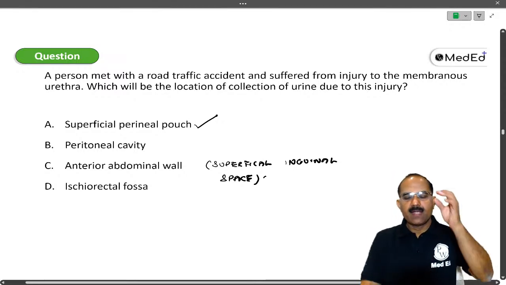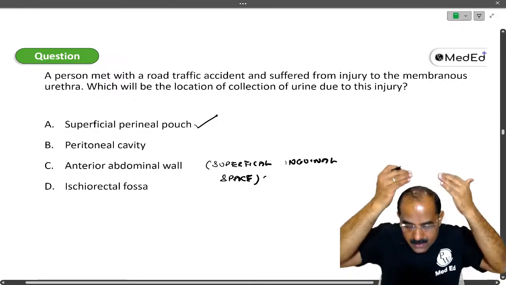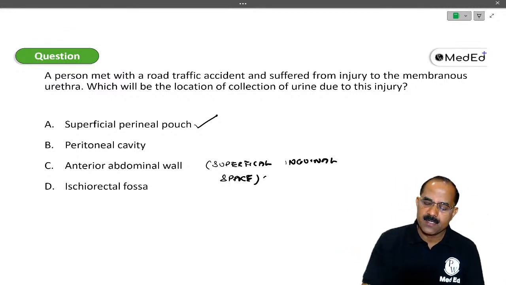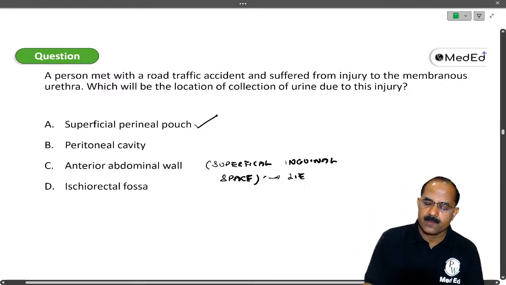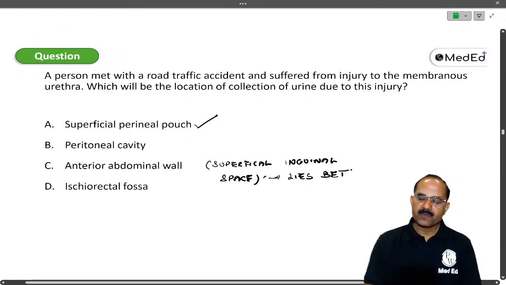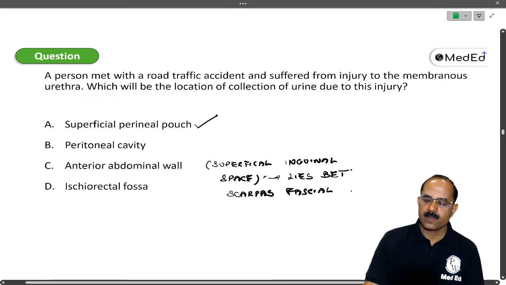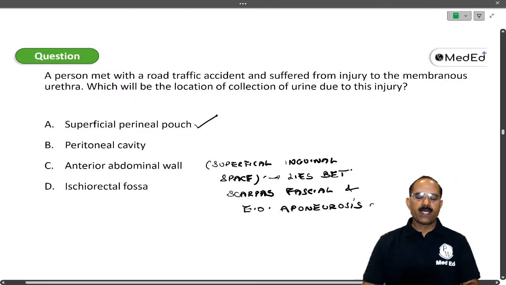The urine collects in the space in the anterior abdominal wall, which is known as the superficial inguinal space, which lies between Scarpa's fascia and external oblique aponeurosis.